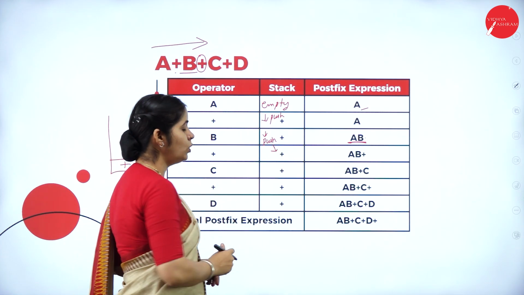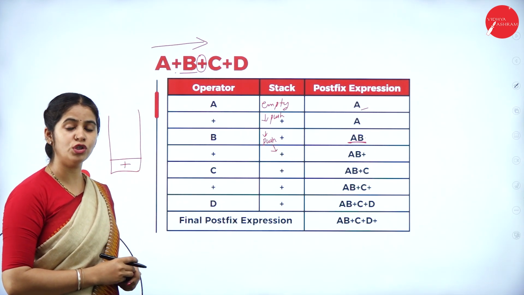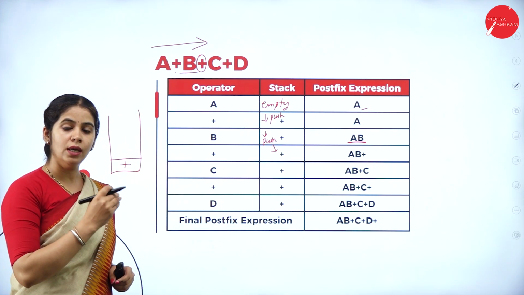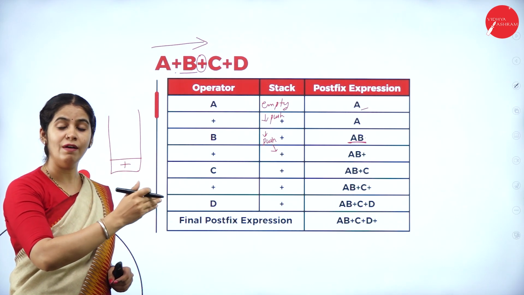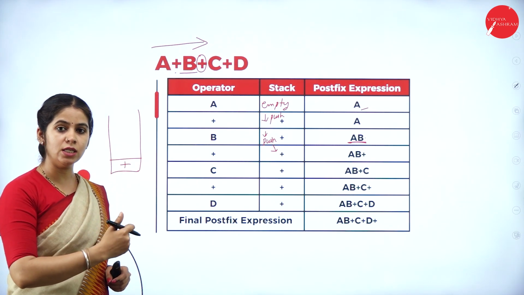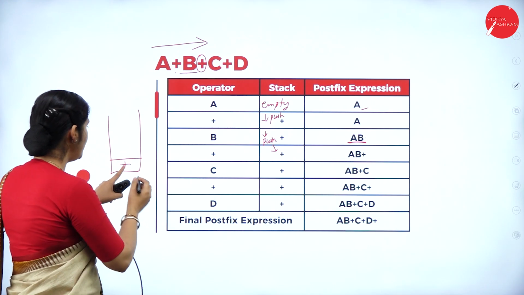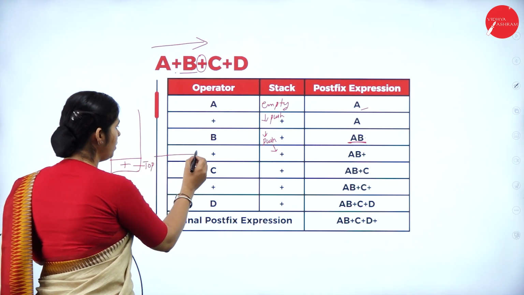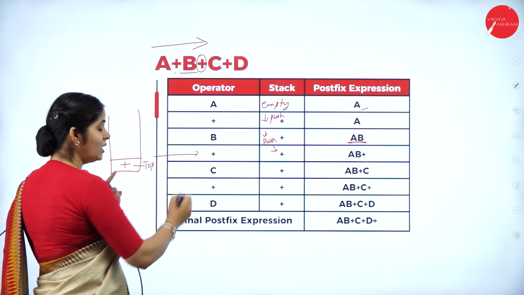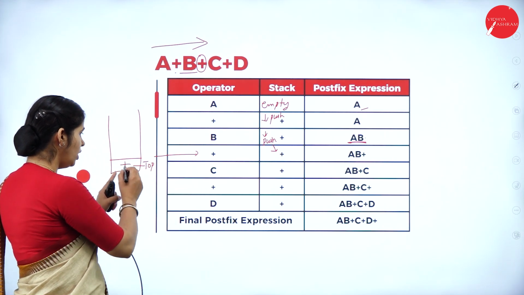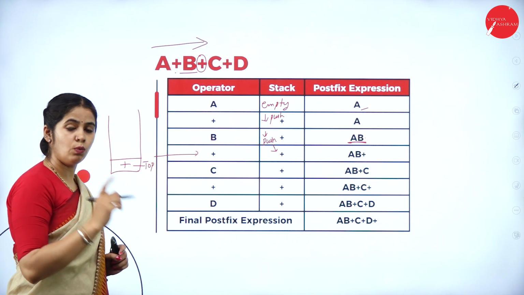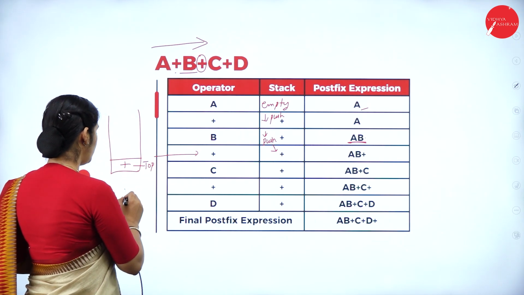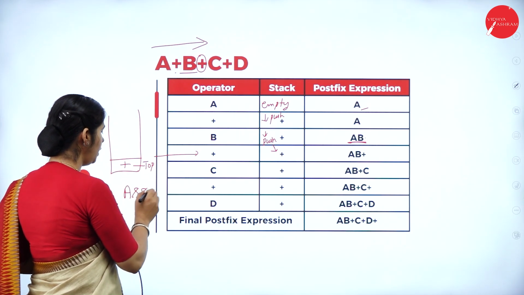Here what do we have to check? We have to check step numbers 4, 5 and 6. In 5 and 6, we compare the operator at the top of the stack with the incoming operator. Both have the same precedence, so we have to check the associativity.